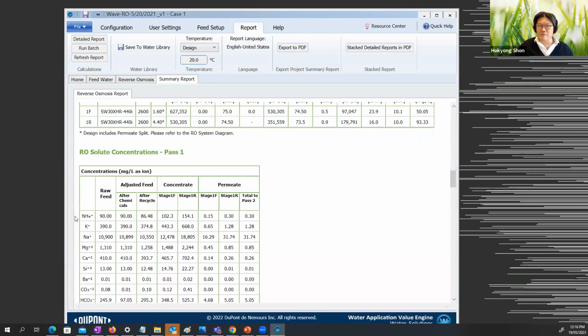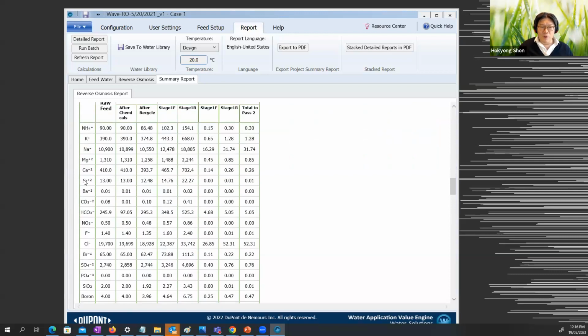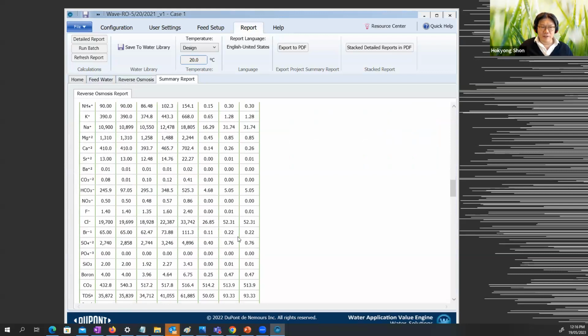So you already have different ions like ammonia, potassium, sodium, magnesium. All the different ions, you put your information as a feed water in your feed water here. And after RO, adjust the pH, concentrate, permeate, so you can get all the data here. So which means in your assignment, what's the boron concentration?